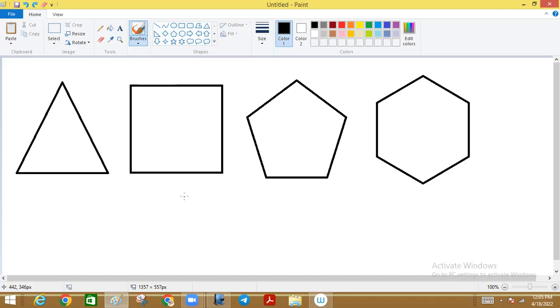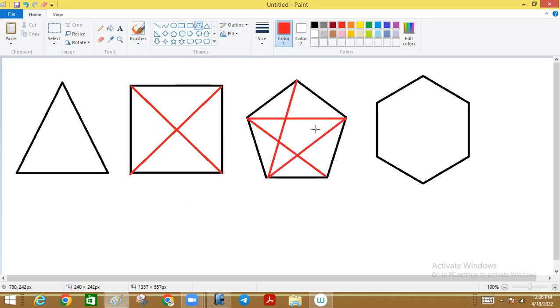So number of diagonals drawn in a triangle is how many? 0. For a quadrilateral, how many diagonals can we draw? We can draw 2 diagonals. One is here, another one is here. For a pentagon, it's 1, 2, 3, 4, 5.